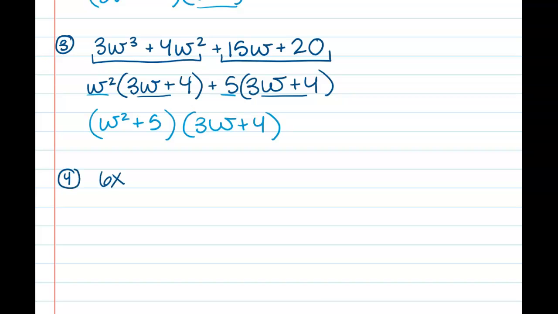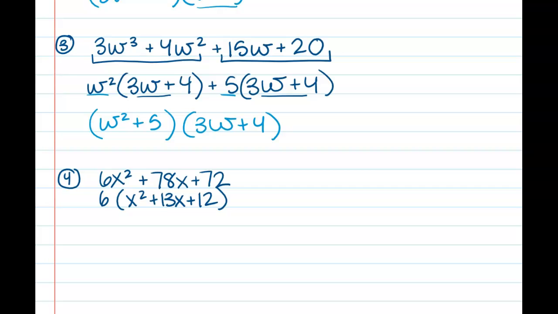Next, 6x squared plus 78x plus 72. The first thing I'm going to do is check for a GCF, and that's really what you want to do every single time, because otherwise this looks a bit icky to factor, but it turns out we can actually take out a 6. So we have 6 times x squared plus 13x plus 12.